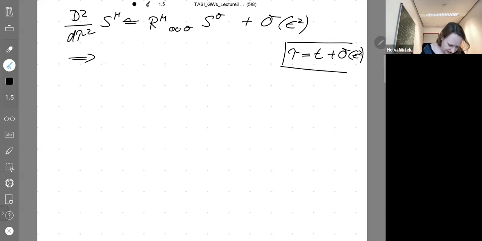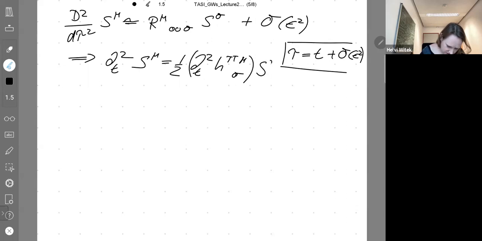So with all of that said, we can now write our geodesic deviation equation as the second time derivative of the separation vector s mu equals 1/2 the second time derivative of h in the TT gauge, so the perturbation in the transverse traceless gauge, h mu sigma, and then we have a contraction here with our separation vector s sigma.